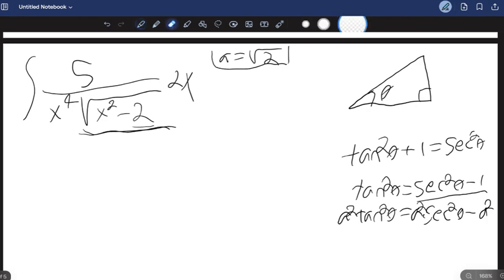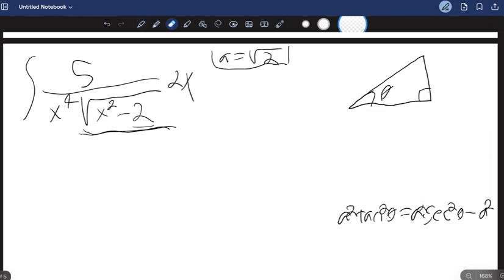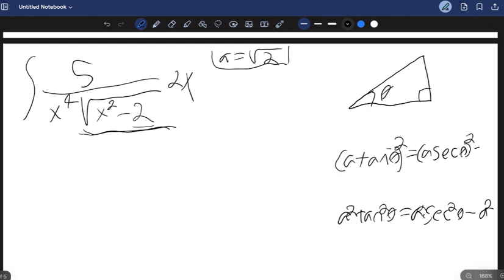And then I can simplify this out to (a tan theta) squared is equal to (a secant theta) squared minus a squared.